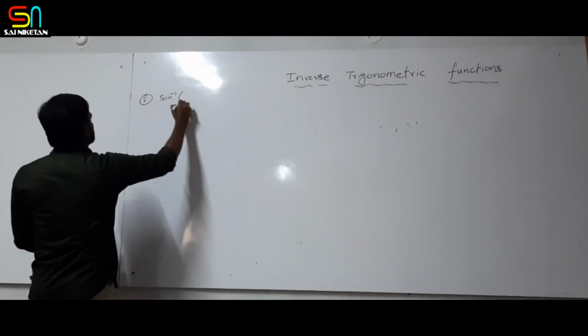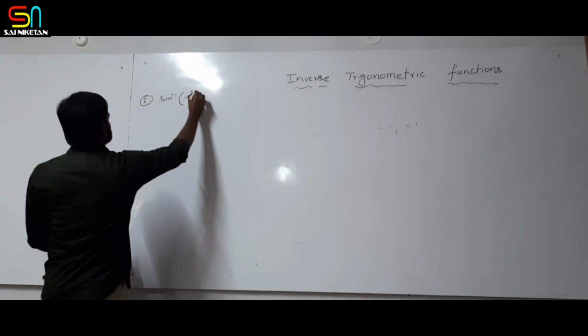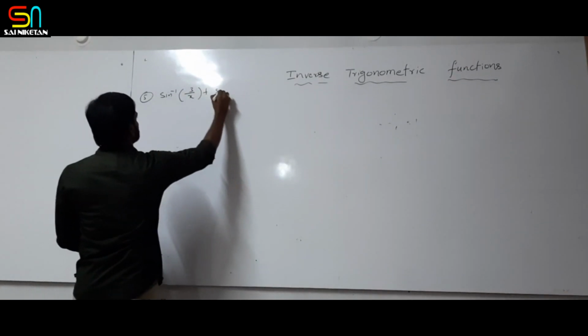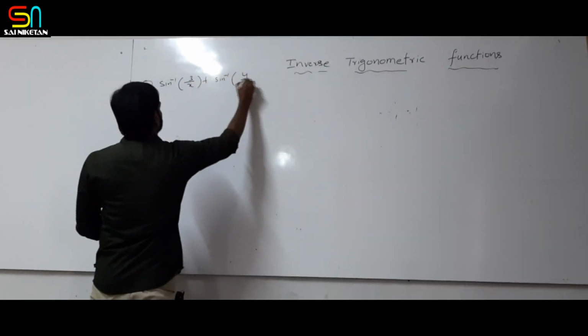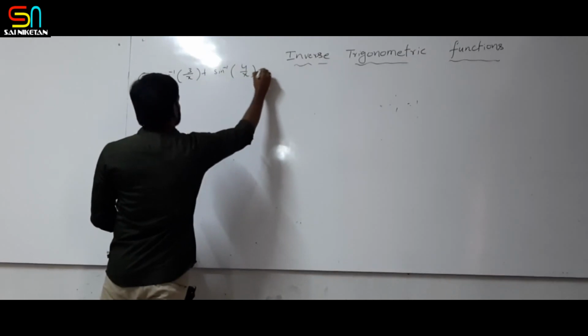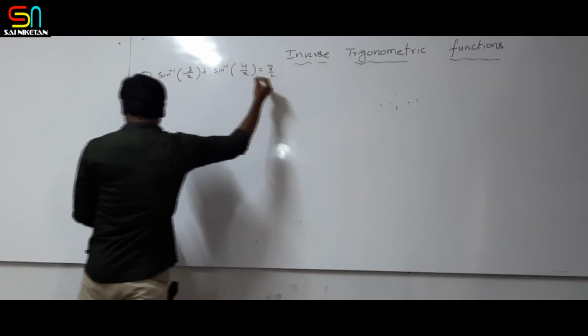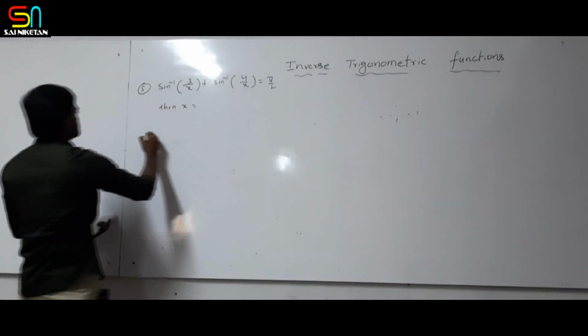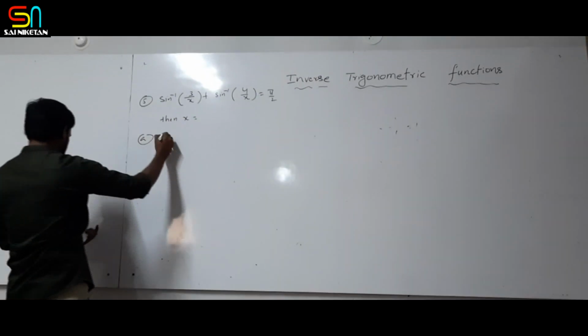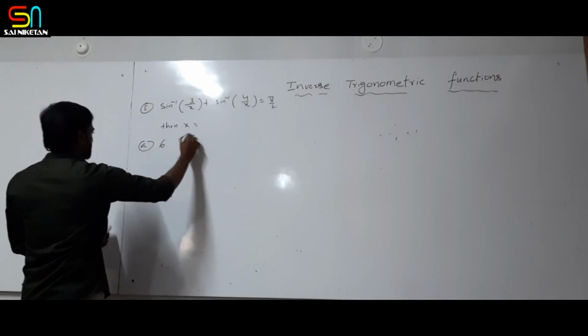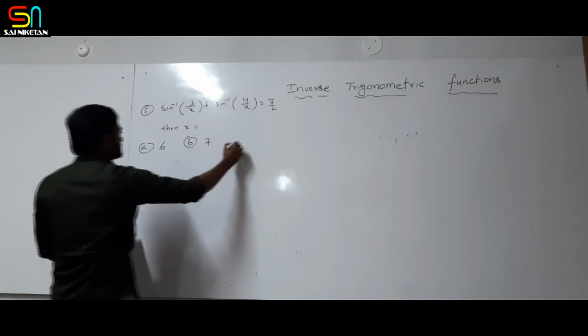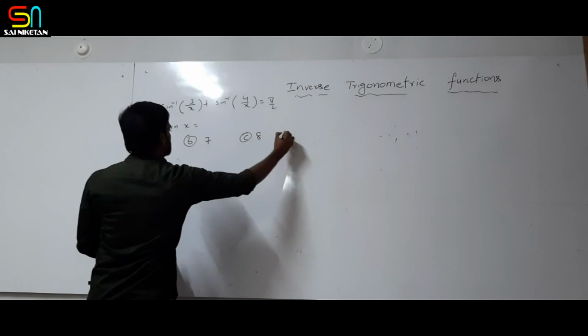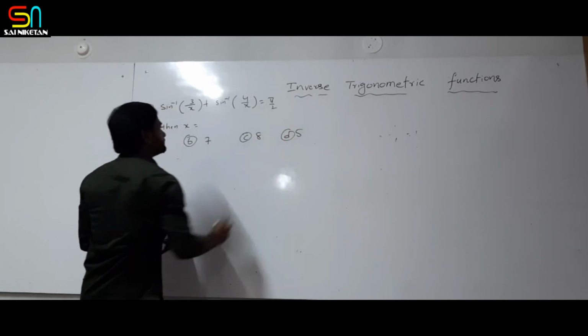Sin inverse of 3 by x plus sin inverse of 4 by x is equal to pi by 2. Then x equals, option A is 6, option B is 7, option C is 8, option D is 5.